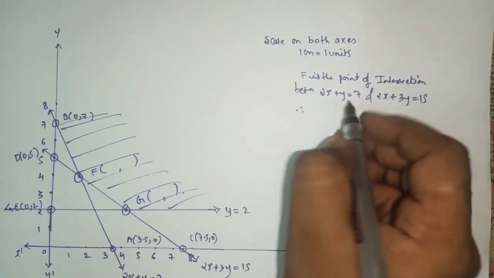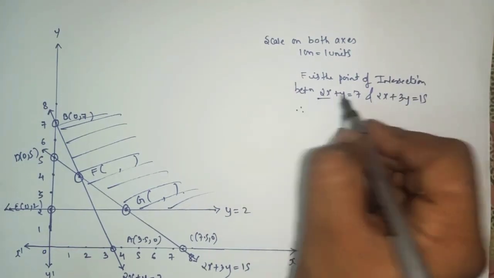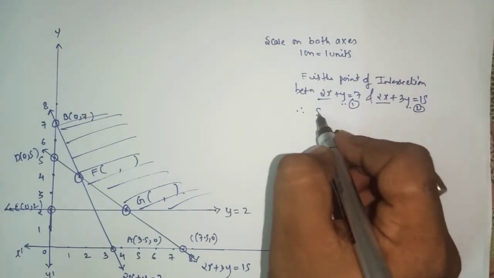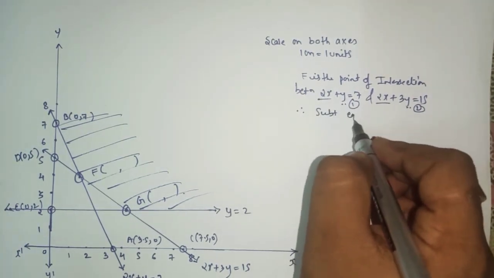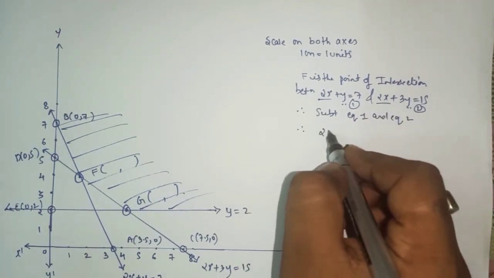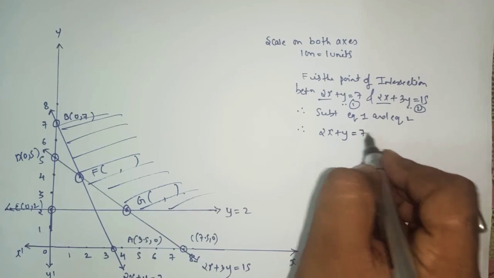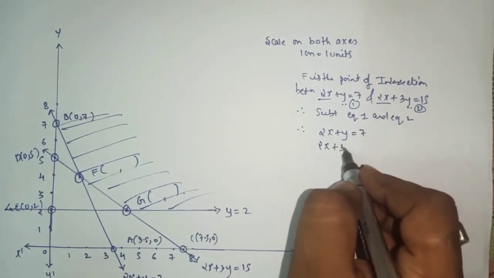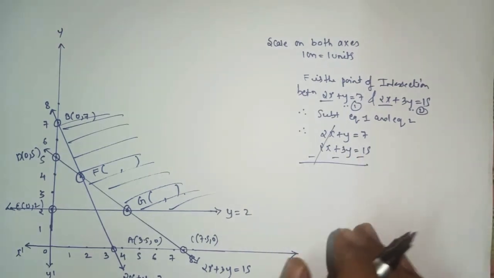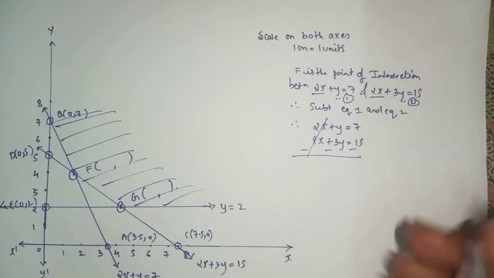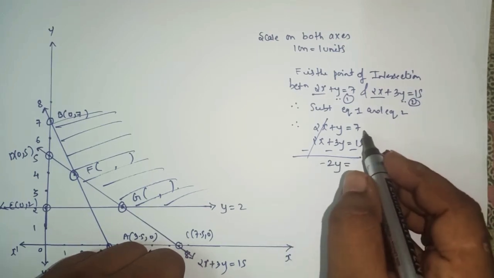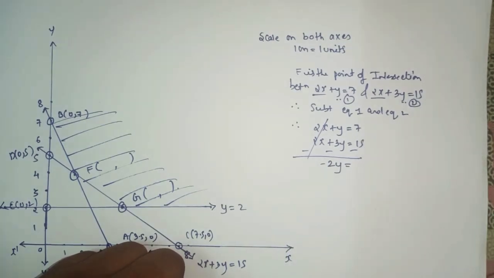So clearly we can see that 2x is common, so we'll give this as equation number 1 and equation number 2. Subtracting equation number 1 and equation number 2, so 2x plus y equal to 7, 2x plus 3y equal to 15. So minus, minus, minus, 2x will get cancelled, so this part will be minus 2y, yes or no?